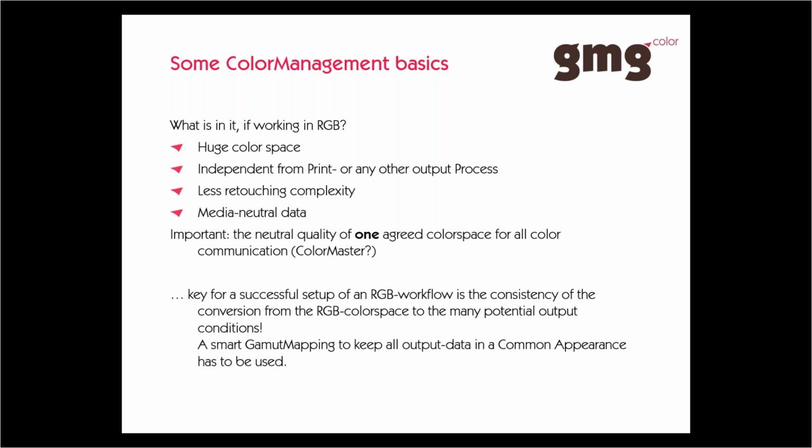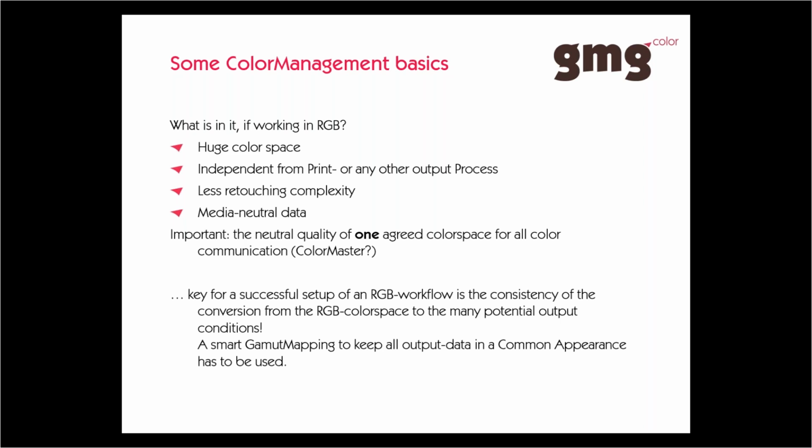So at the moment when all output parameters are known, the images would be converted from RGB to, for instance, ISO-coated version 2, FOGRA 39. So what's the benefit from keeping the images in RGB? The vibrance of the RGB color space is still in the image.